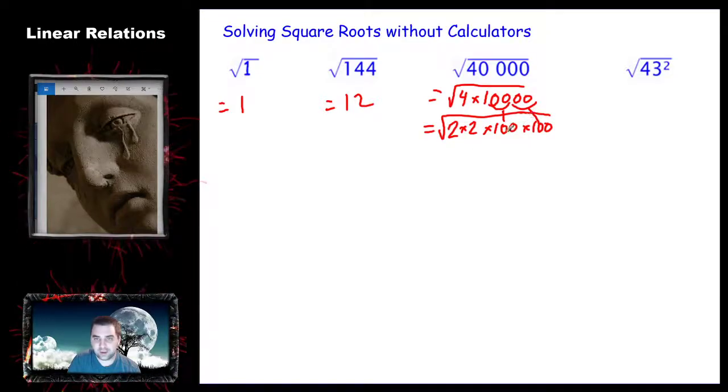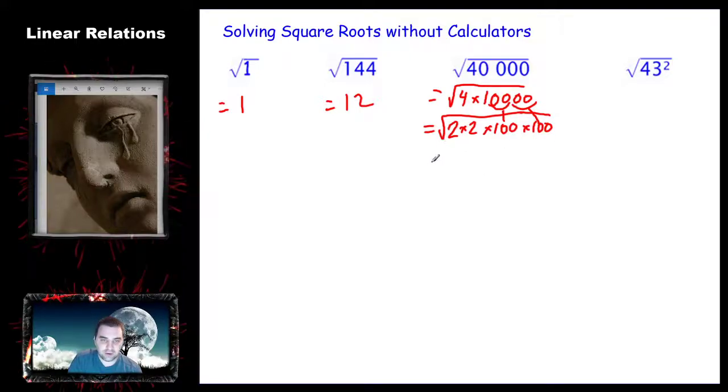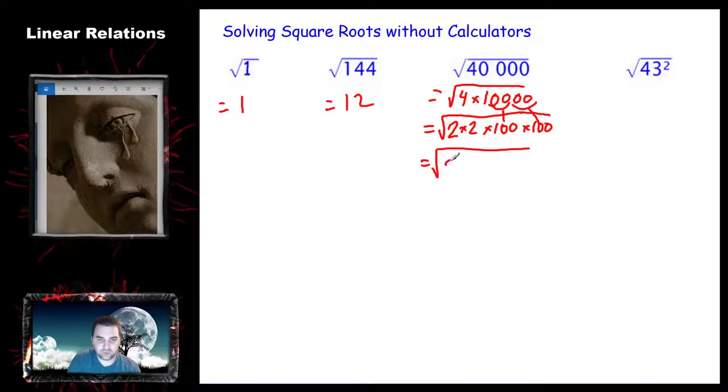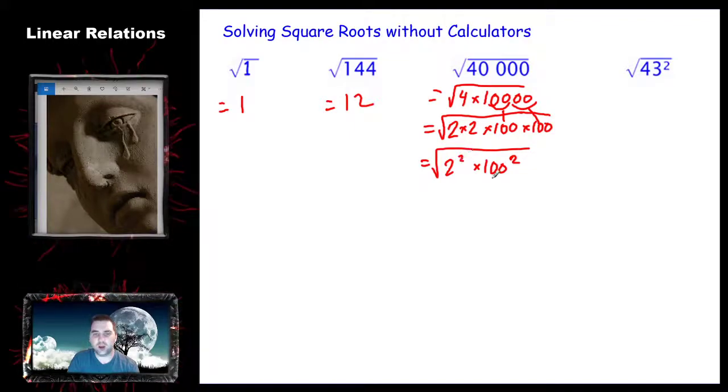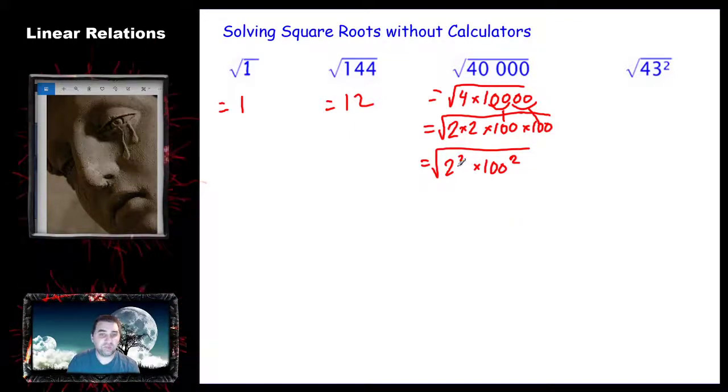And they will multiply together to get 10,000. So now what I have, breaking that down, is a set of 2 squared, times a set of 100 squared. And remember that a square root is the opposite operation of a square.